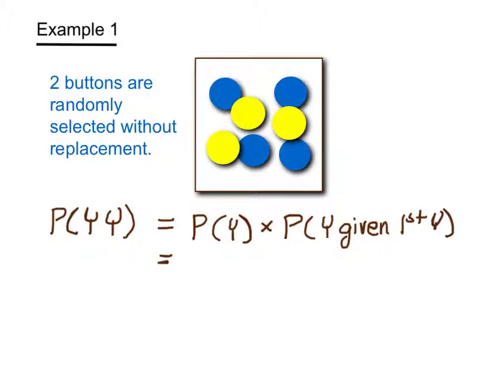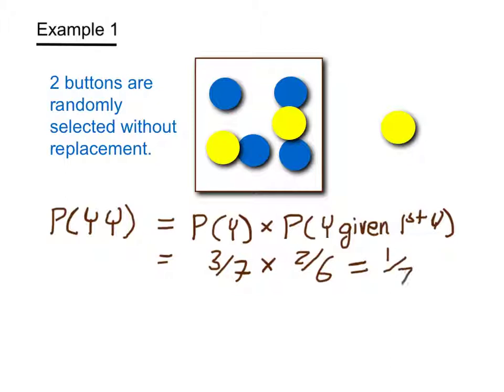We have, for the first probability, 3 out of 7, but then we remove a yellow button, and now the probability of drawing a second yellow button is only 2 out of 6. And when we do the math here, the multiplication, we get 1/7.